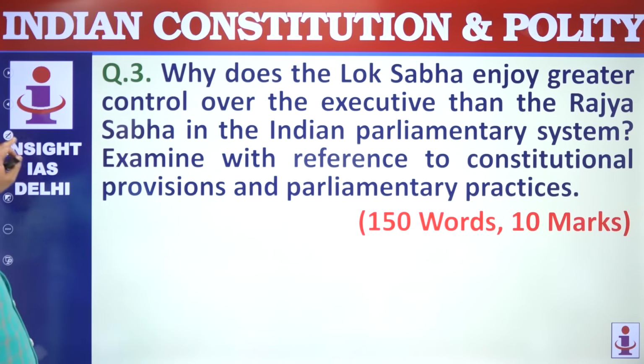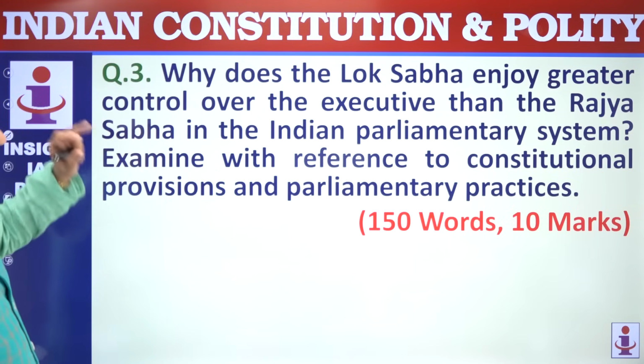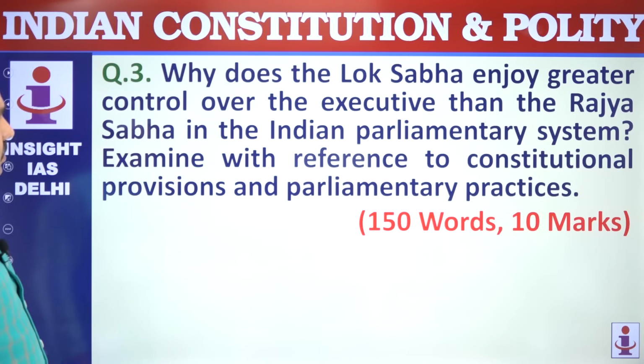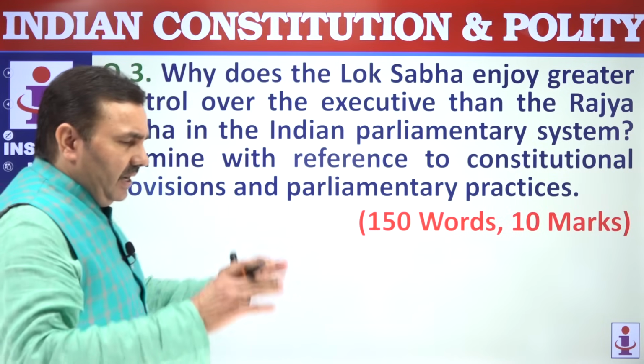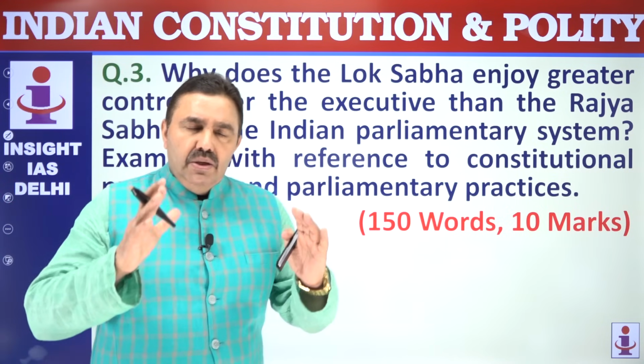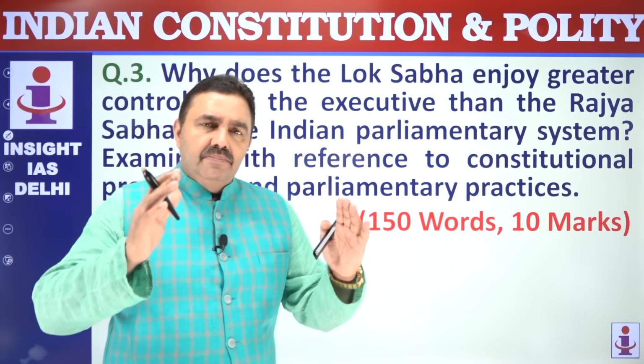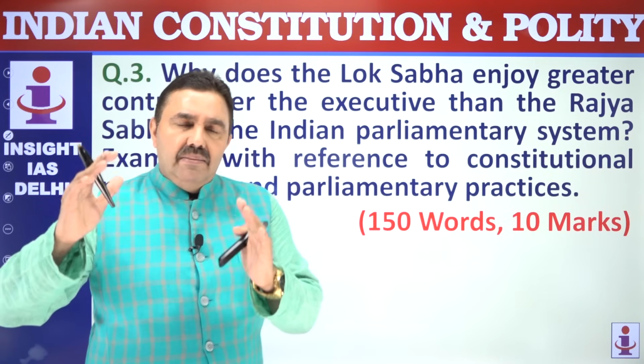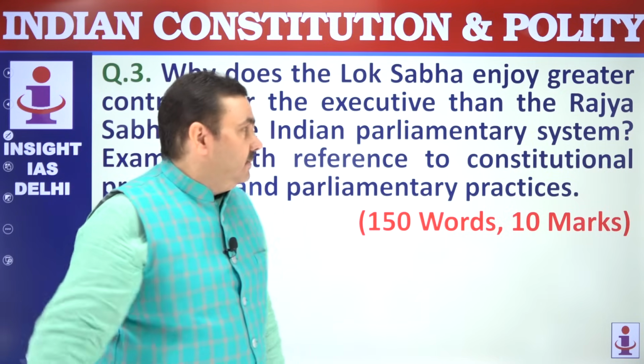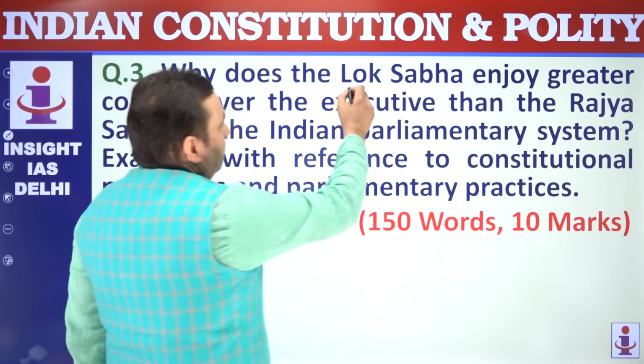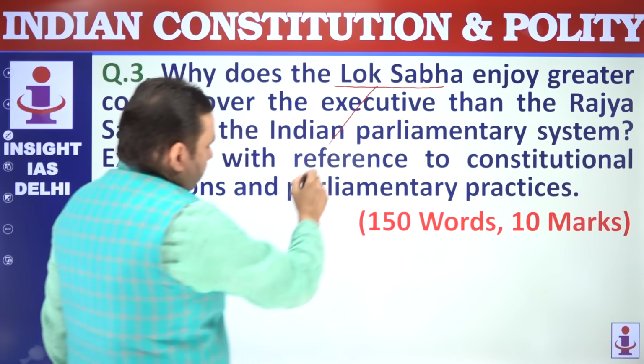Question number 3. Why does the Lok Sabha enjoy greater control over the executive than Rajya Sabha in the Indian parliamentary system, examined with reference to constitutional provisions? So we have a parliamentary democracy. Lok Sabha is directly elected and Rajya Sabha members are indirectly elected. Lok Sabha is elected for a tenure of 5 years.